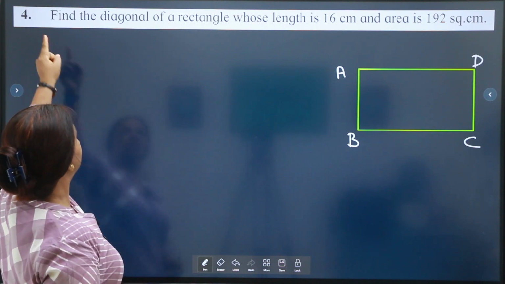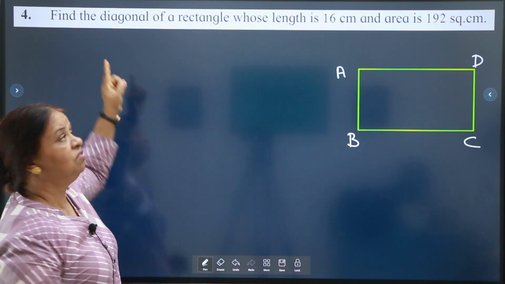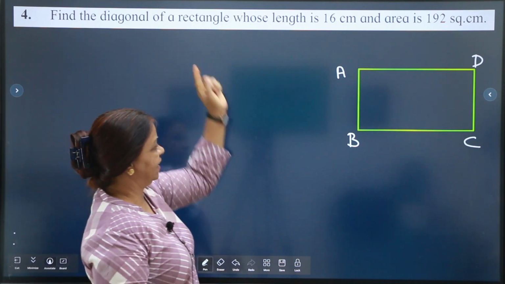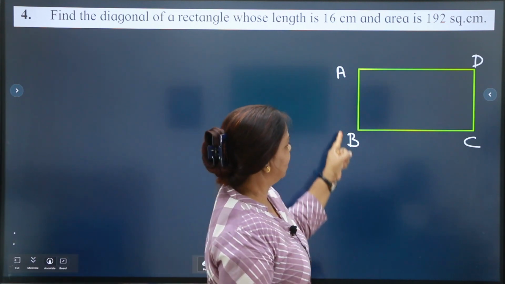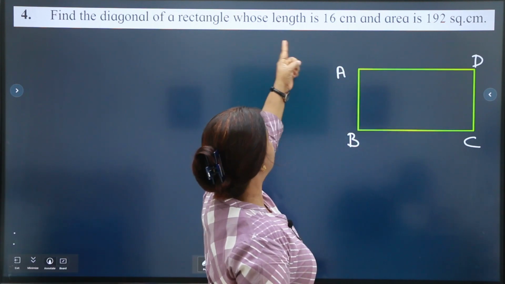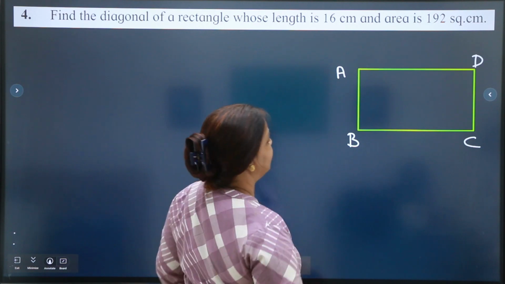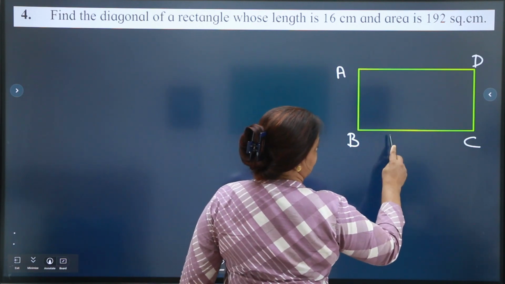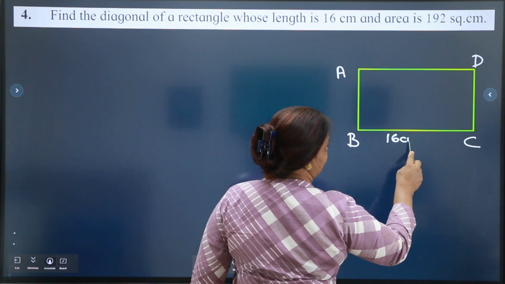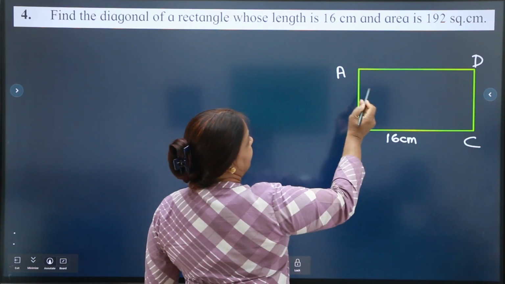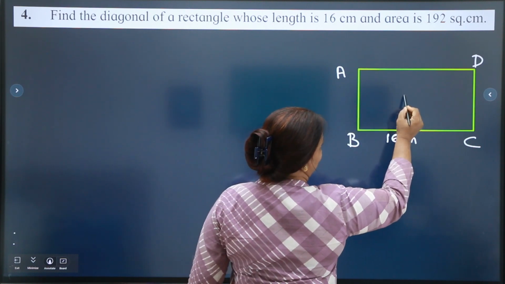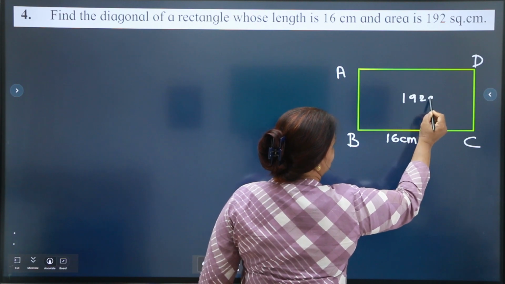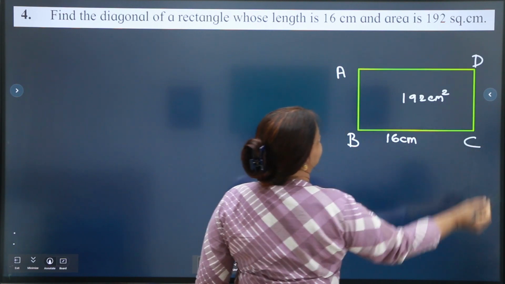Question 4. Question 4 says find the diagonal of a rectangle. This is the rectangle I have drawn, whose length is 16 centimeters, and area is 192 square centimeters.